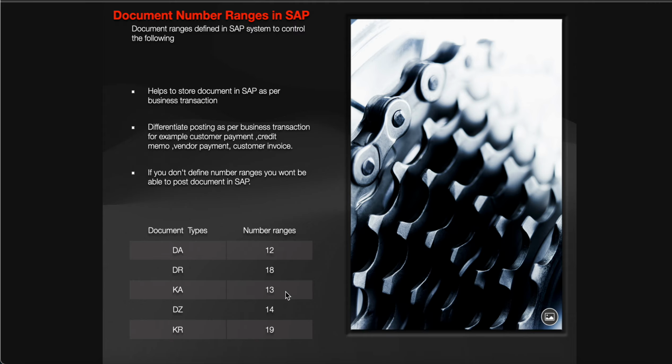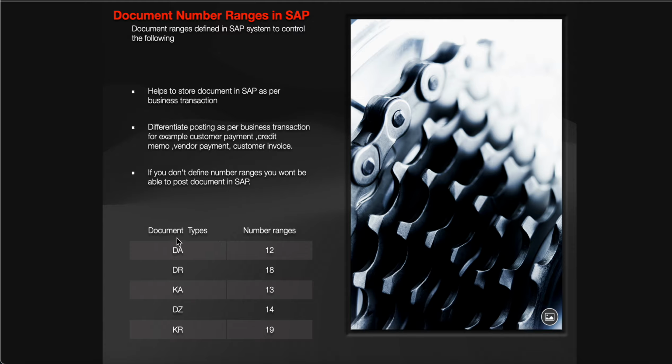Now, if you see this area where I have given some example document types and number ranges, I will show you practically how this is going to impact, and I will explain how these number ranges are already present and available in a standard SAP system.